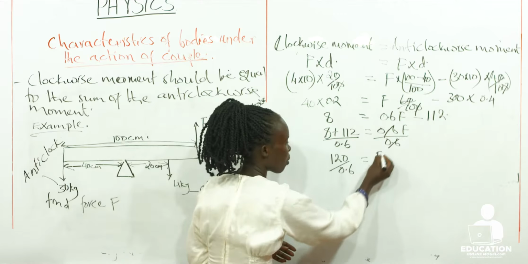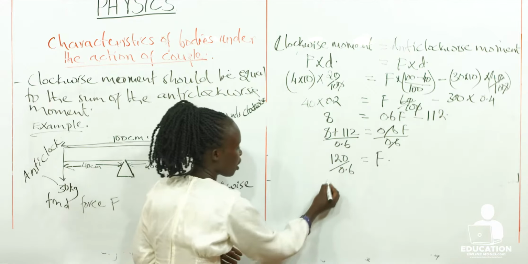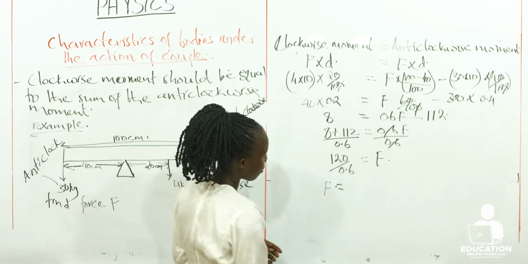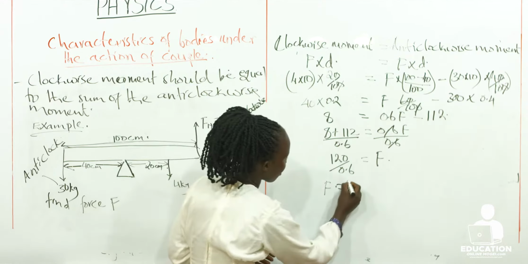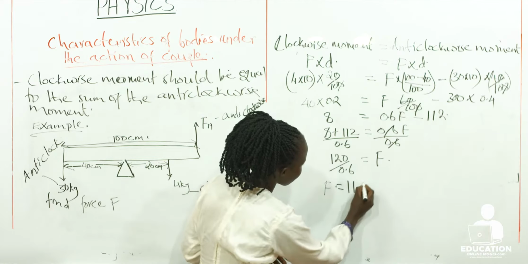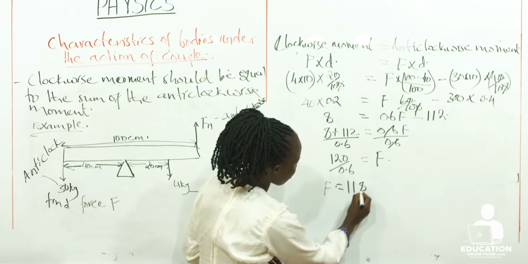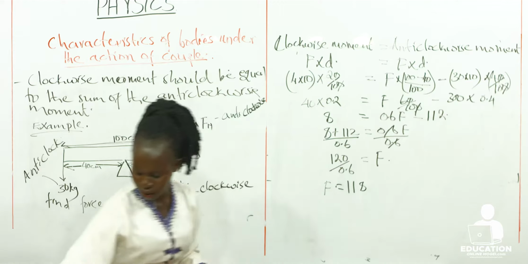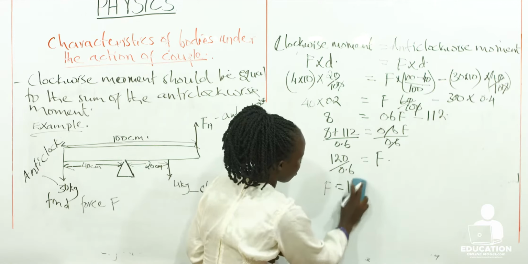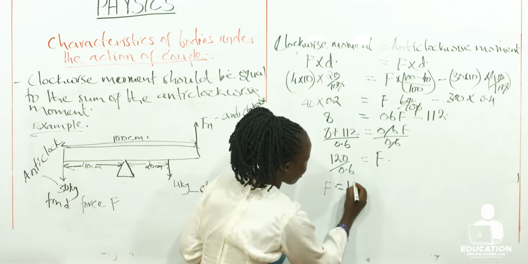We shall have our F. So what would be our F here? Our F will be around 116.